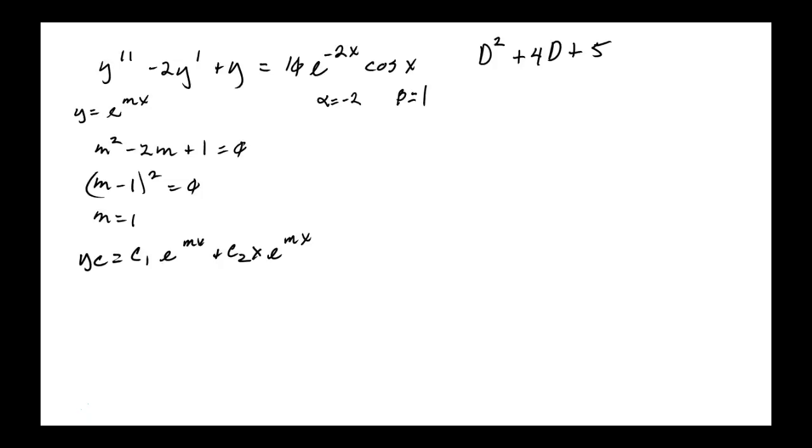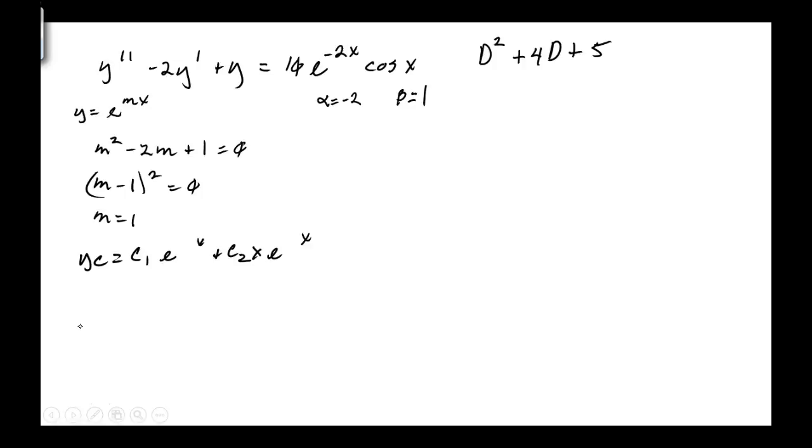Okay. So what you're going to do, you're going to take this and operate on, and by the way, in the text you'll see the complementary function for the given equation is y sub c is equal to c1, oh, I left my m in there. m is 1, x, sorry about that.